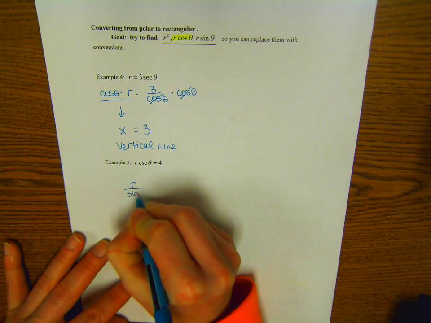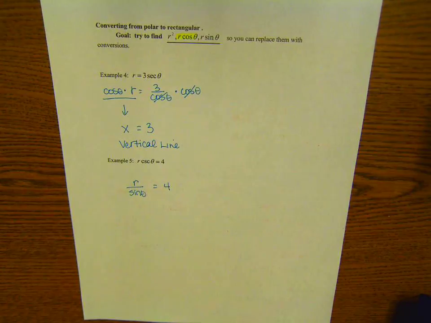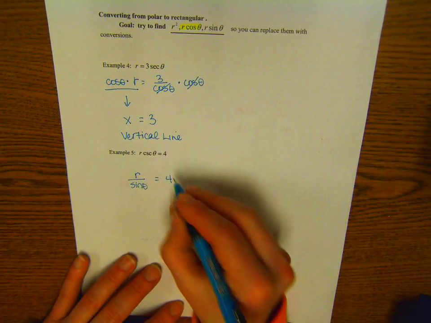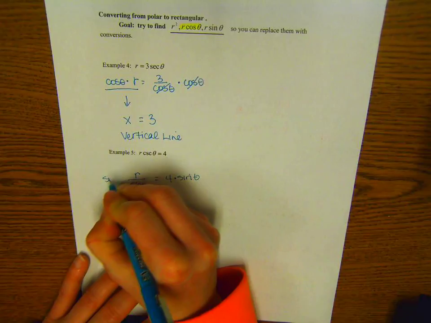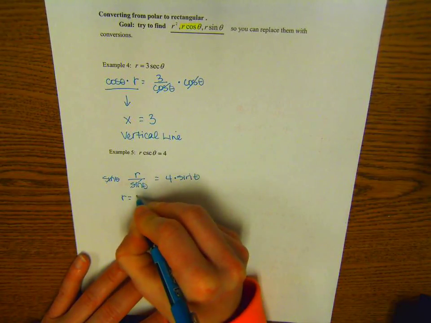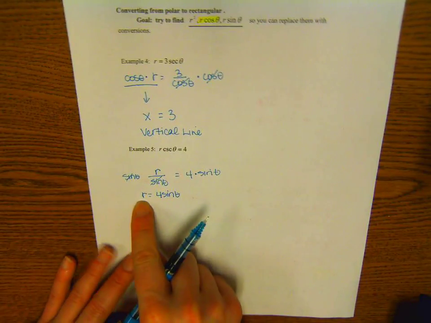So I try doing the same thing, where I multiply both sides through by sine. Seems logical, right? But I have an r over here and a sine over here. That's not the same as r sine theta together.